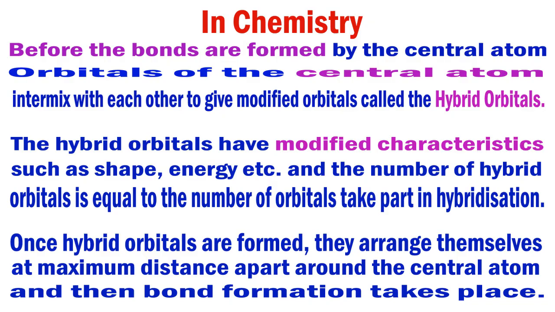In chemistry, hybridization is a concept in which, before the bonds are formed by the central atom of a molecule or ion, the orbitals in the valence shell of that central atom intermix with each other to give modified orbitals called hybrid orbitals.